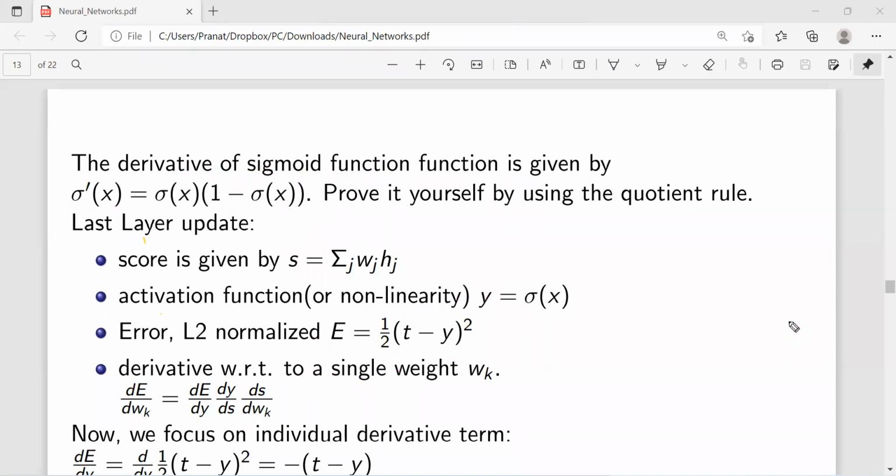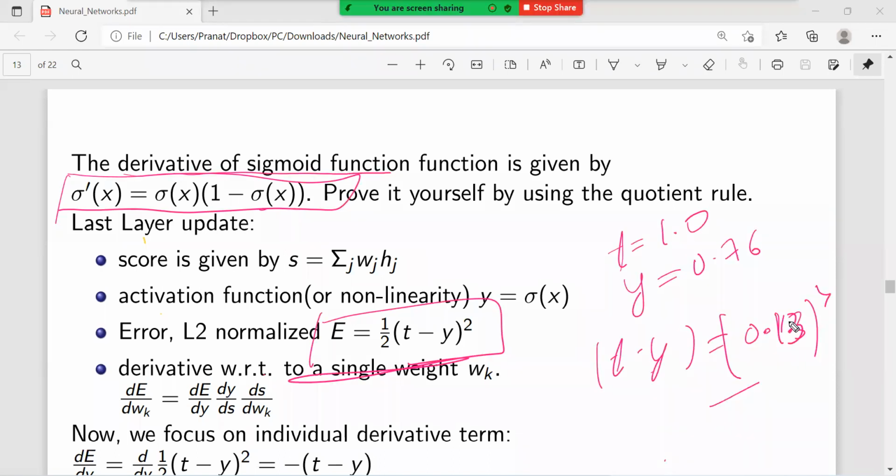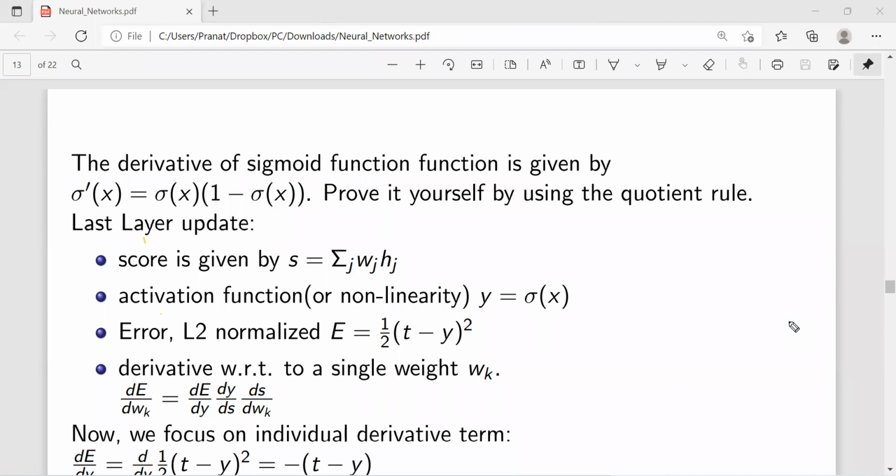We're squaring it and dividing it by 2. We're basically calculating MSE. If we have multiple output neurons, then we'll have a vector here. That's why we say L2 normalized. We're basically taking the mean square.